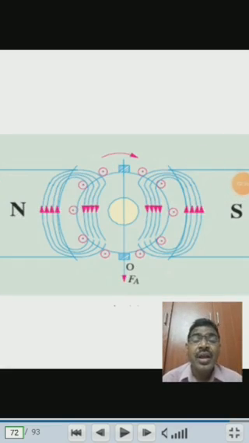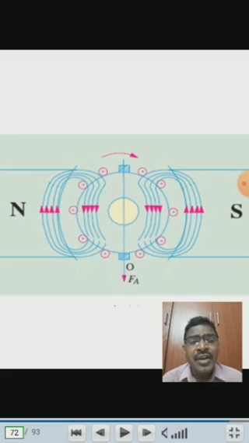In this diagram, the field magnets are not excited, only the armature is excited. It is like the load is connected to the armature, then the current will be flowing. If the current is flowing through the armature, then it sets up its own flux. That alone is shown in this diagram. The conductors under the influence of north pole produce magnetic flux in one direction, and the conductors under the influence of south pole set up another flux.